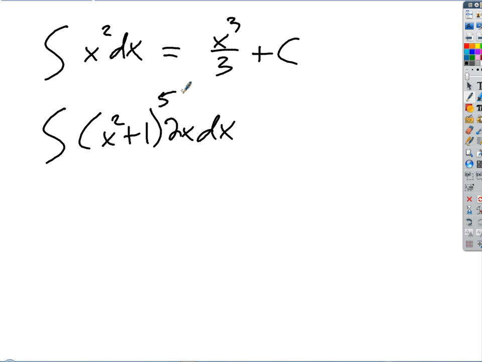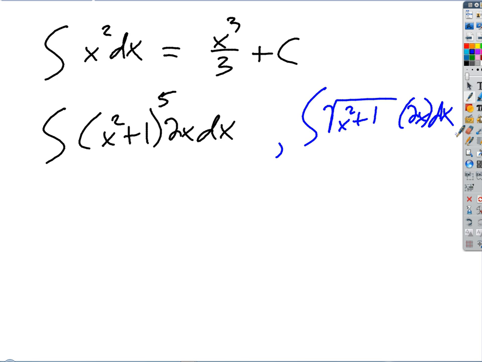And then certain other antiderivatives we couldn't even do. Like what if we wanted to do, let's say, the square root of x squared plus 1 times, to be convenient, 2x dx? We can't even do that one, right?